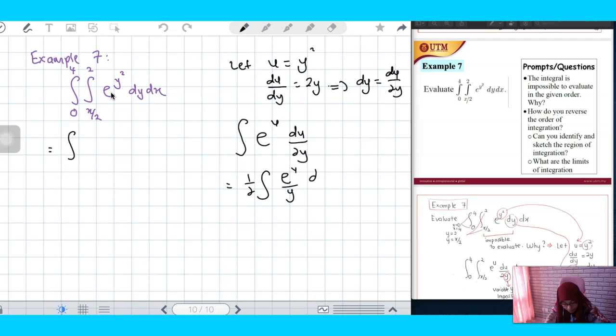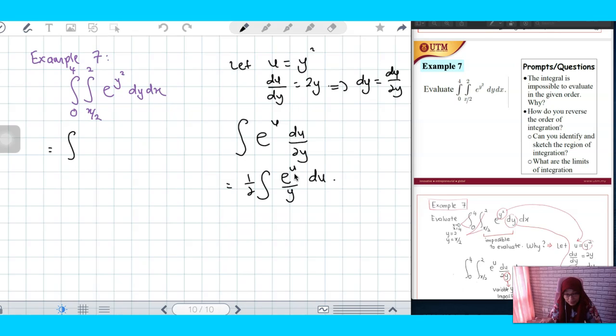So now you have e to the u over y du. The aim when applying the substitution is to change all the y terms into u. But you can see your y is still there.